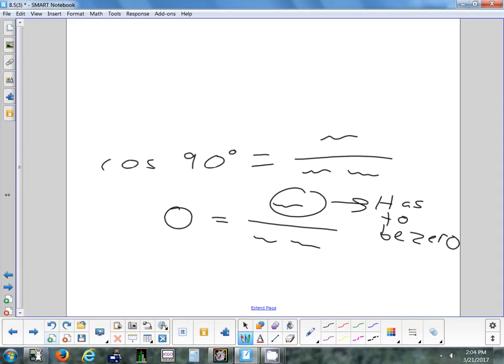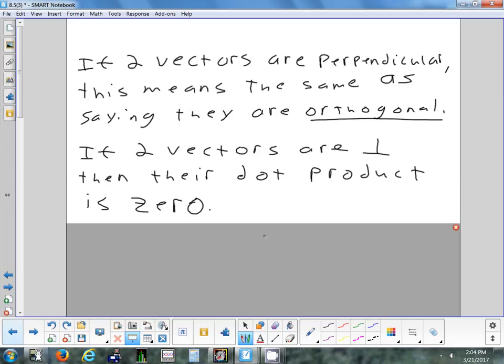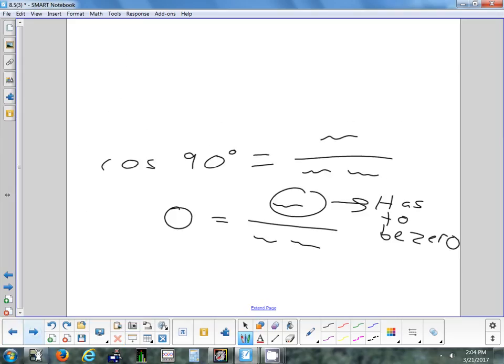And remind me again, what's on the top of the formula right here? The dot product. So the shortcut to figuring out if two vectors are perpendicular, all that has to happen is the dot product is 0. Because if the dot product is 0, then 0 divided by anything would come out to 0. And if you take the inverse cosine of 0, you get 90.